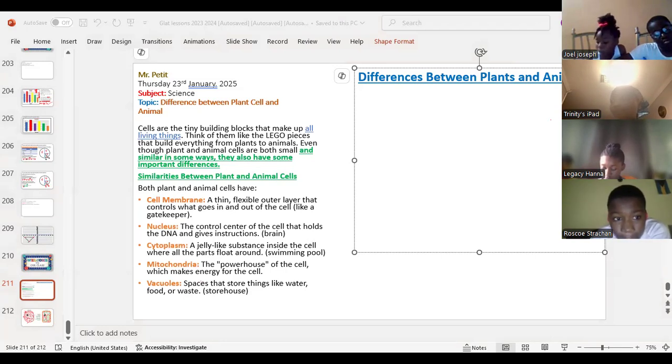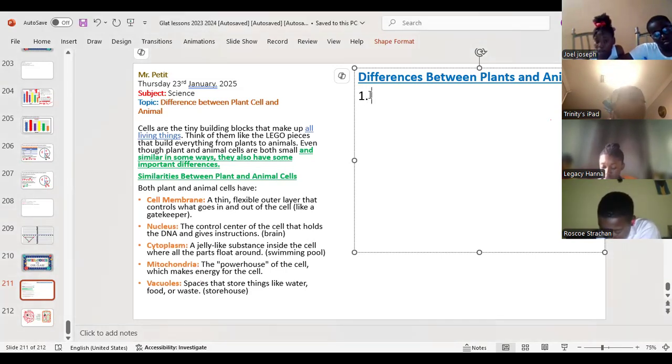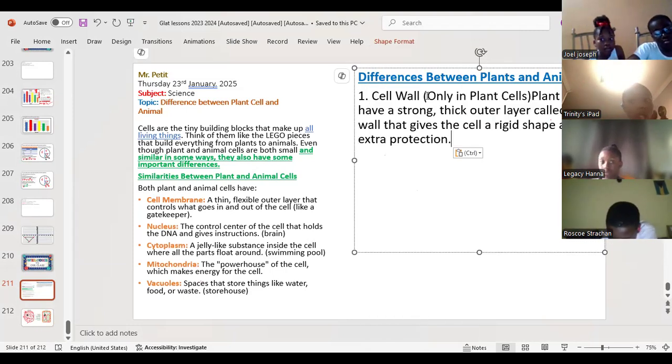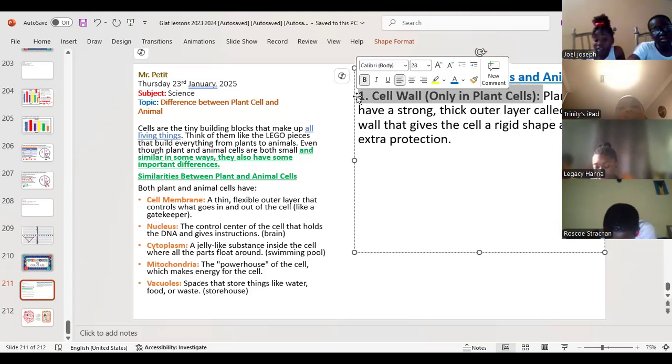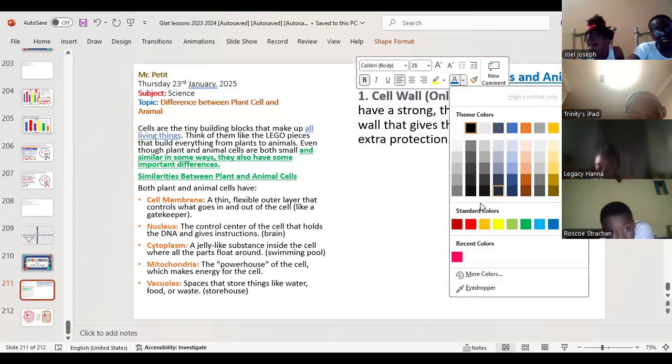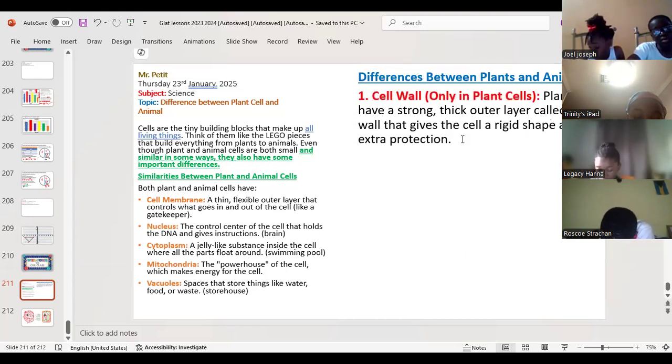So next, plant cells are the only ones that have a cell wall. Cell wall is only found in plant cells. Animal cells do not have cell walls. That's one difference. Can someone give me one difference between plant cells and animal cells?